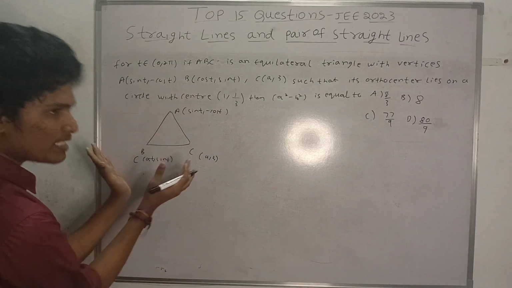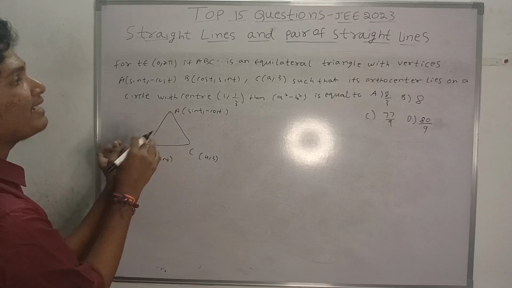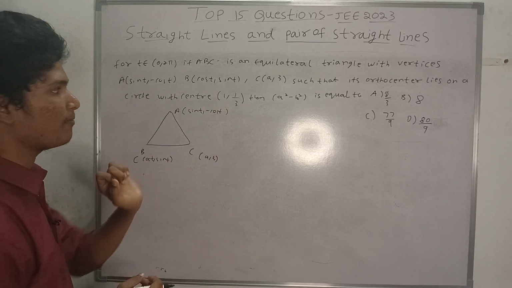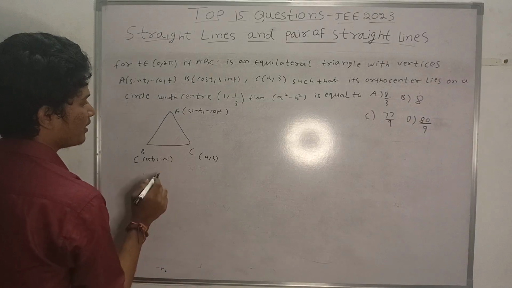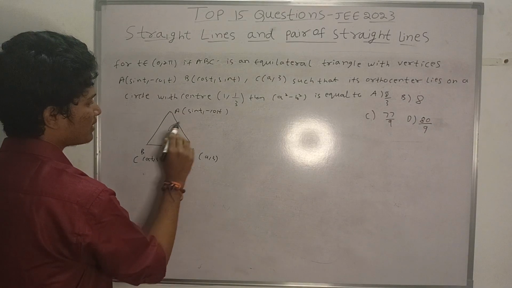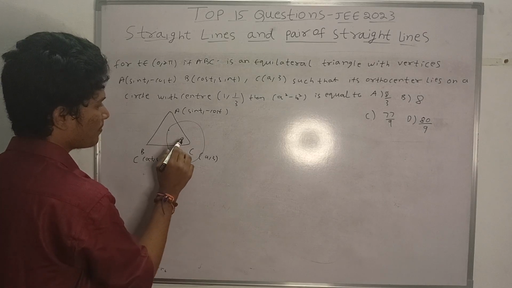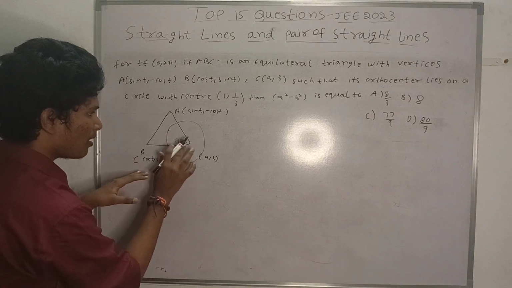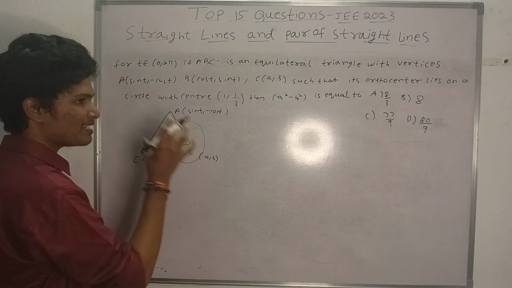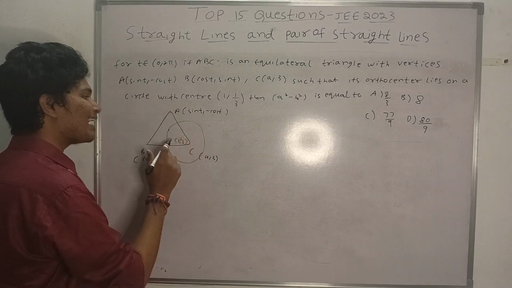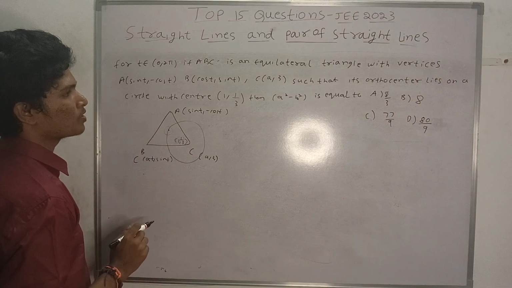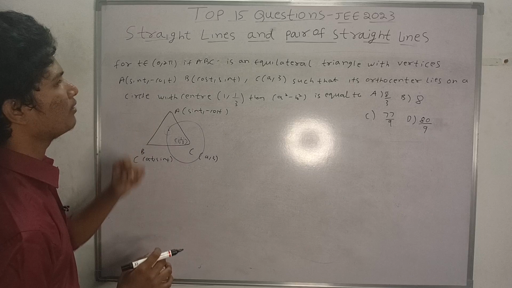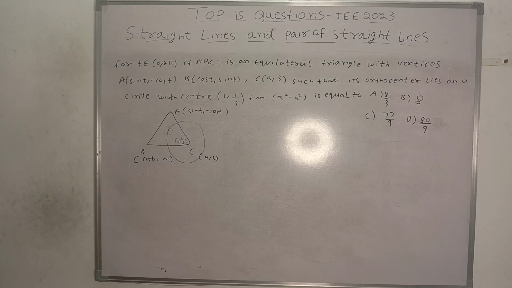Suppose we find the orthocenter of this triangle, it is lying on a circle whose center is 1, 1 by 3. Suppose this is the orthocenter. This orthocenter is lying on a circle. Suppose I am taking here like this 1, 1 by 3. With center 1, 1 by 3 there is a circle, and this circle contains the orthocenter point. So they are saying that we have to find a square here and b square here. Where is b square?